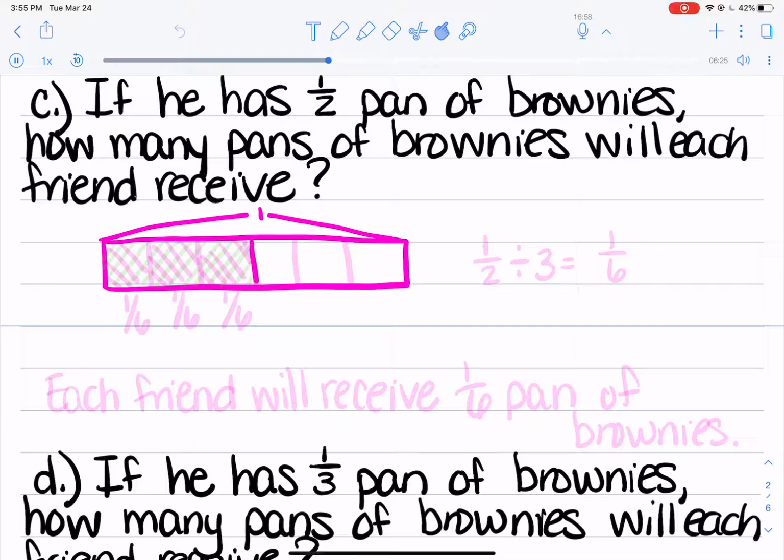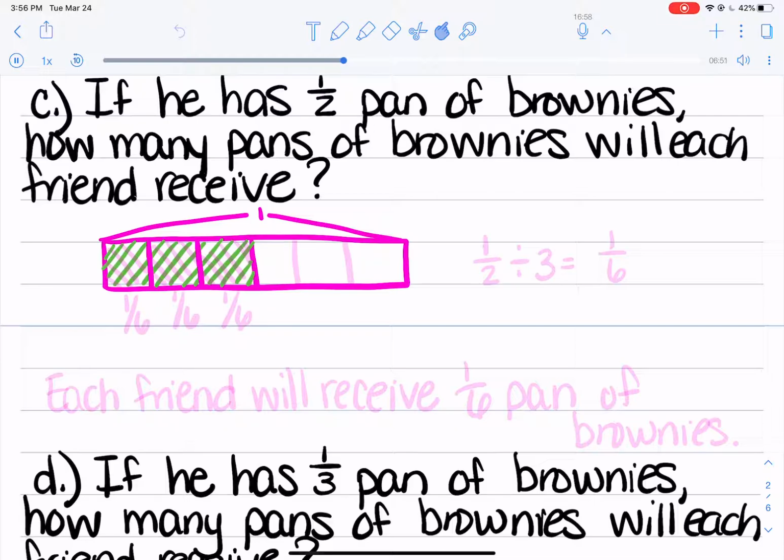We're just going to focus on 1/2 of that whole pan. So let's take a look at this half right here. So of this half that he has, the whole half, he needs to split that with his friends. So he's going to split this half into thirds, right?